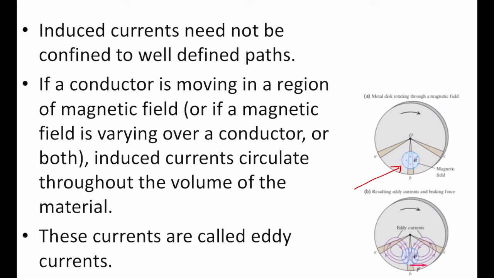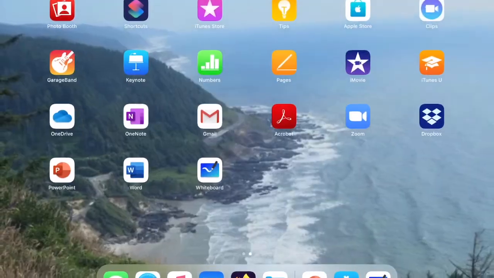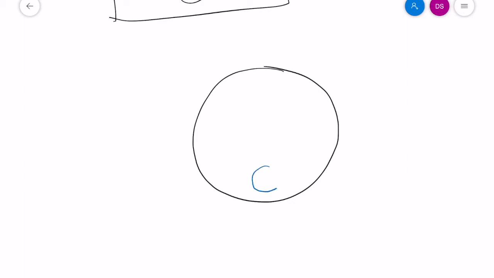Let me just quickly explain why that happens. Actually, if you just stare at this diagram, you'll be able to explain it yourself. That's the second way in which you can have eddy currents. So let's draw this figure here. You have a wheel that's rotating through a magnetic field, and the magnetic field is just concentrated in this region. Actually, I should probably draw a larger figure.